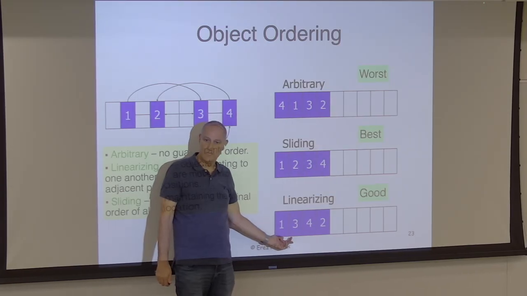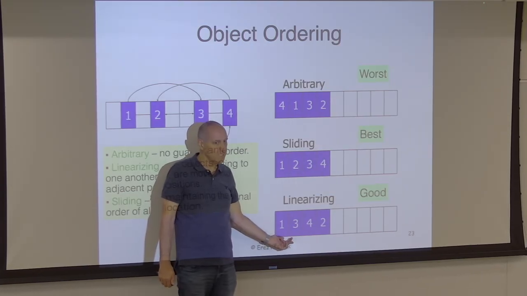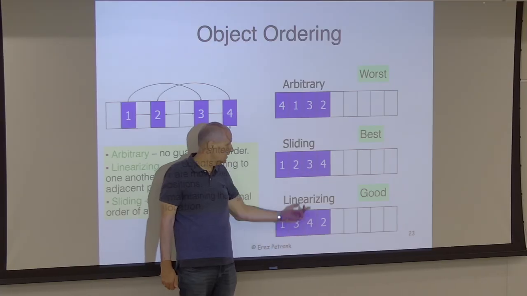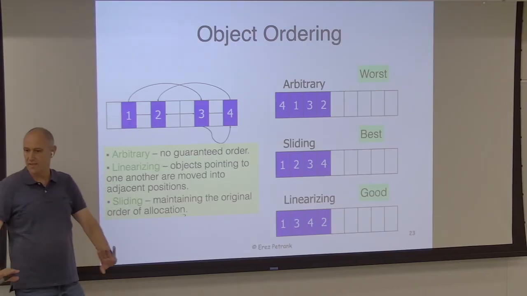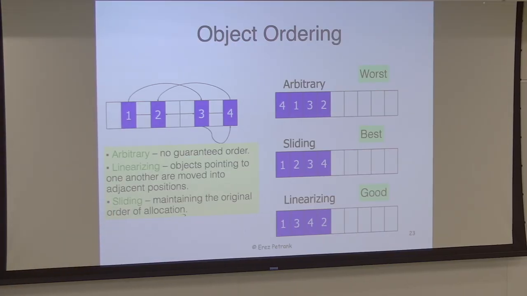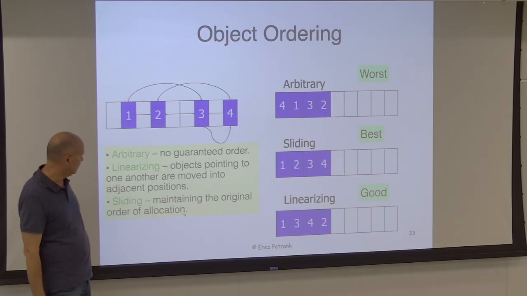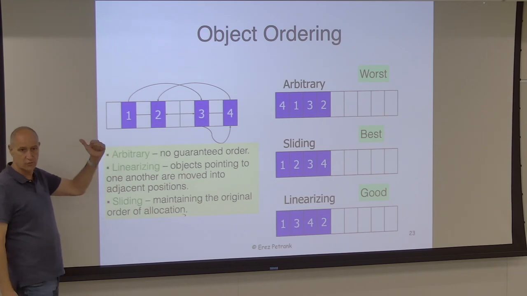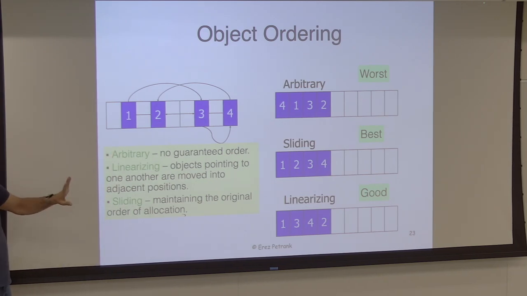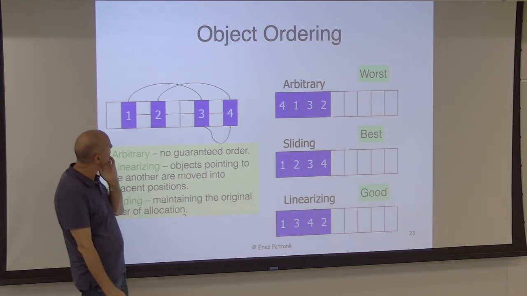It will be close to this, and then it will behave okay. The best behavior will be if we just keep the order of objects as they were before the compaction. Okay? So these are the 3 possibilities. And arbitrary is what we had in the 2-finger algorithm, and that's terrible. So we don't want that.